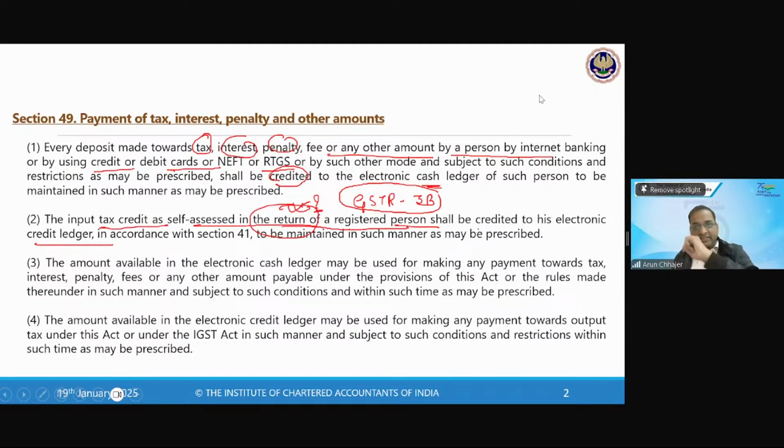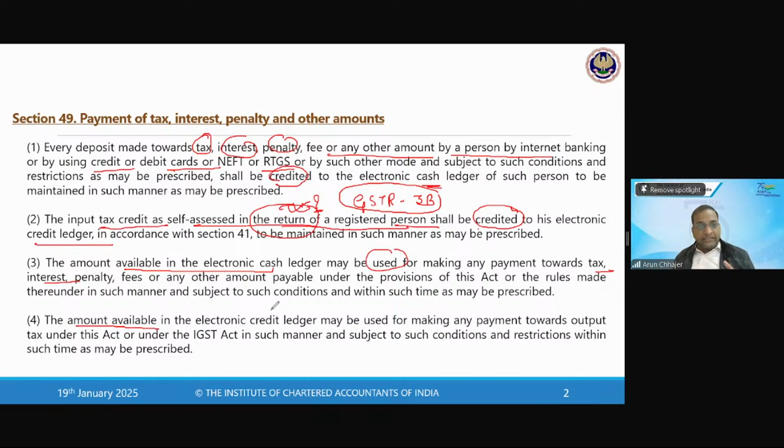I will report in the GSTR 1, but my ITC would be taken in the return GSTR 3B only. ठीक है. Once I add the amount in the GSTR 3B, it will be credited to my electronic credit ledger. Amount available in the cash ledger can be used for payment of tax, interest, penalty, fee, or any other liability.